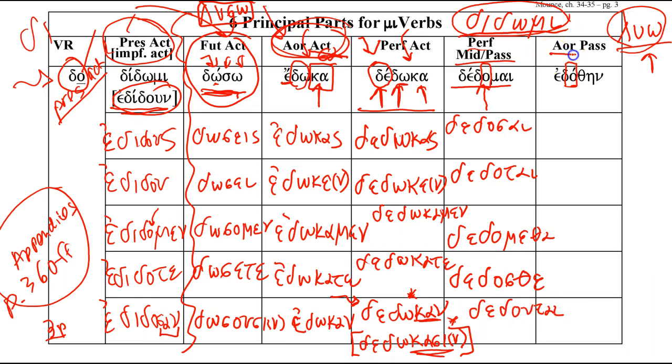And lastly, for the aorist passive, what does the principal part tell you? Short omicron is retained. You have the augment, and you have the the, thes, the, etc. suffixes. So edothen is I was given.